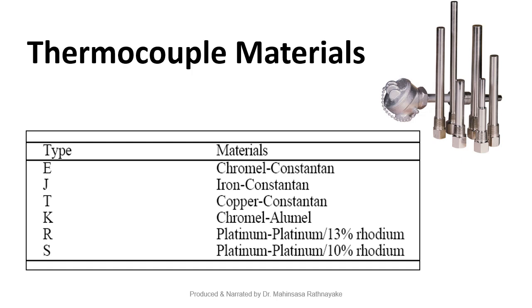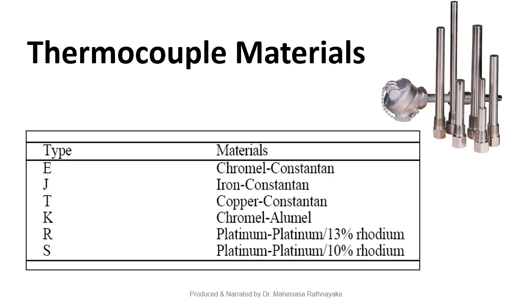Here we can see certain thermocouple materials. Those can be used in the linear scale for the relationship between temperature and the electromotive force. In standard coding, the types of these thermocouples are named as E, J, T, K, R, S, like that.